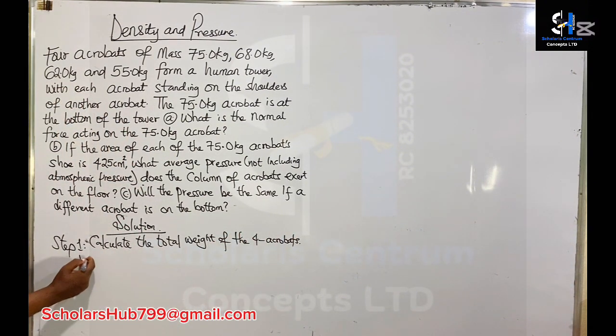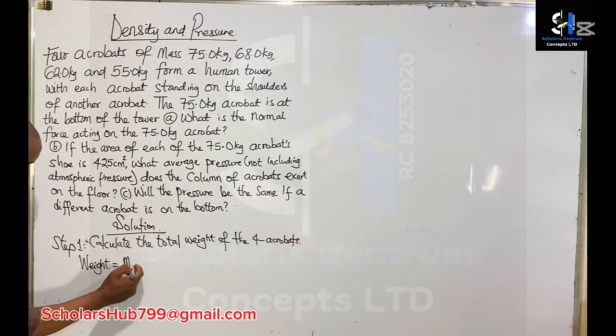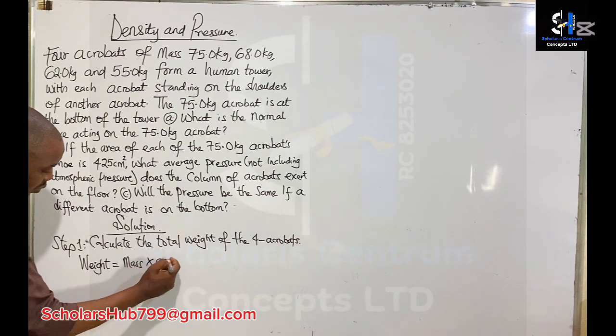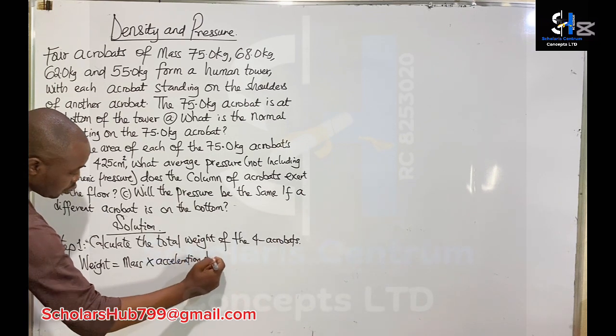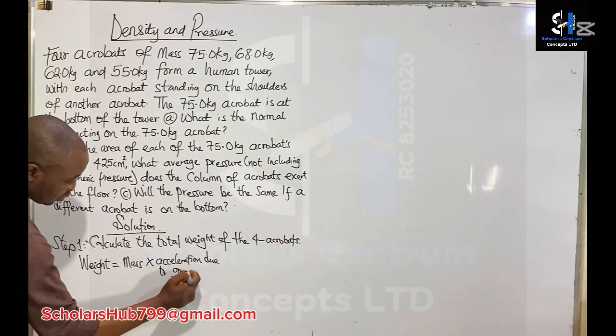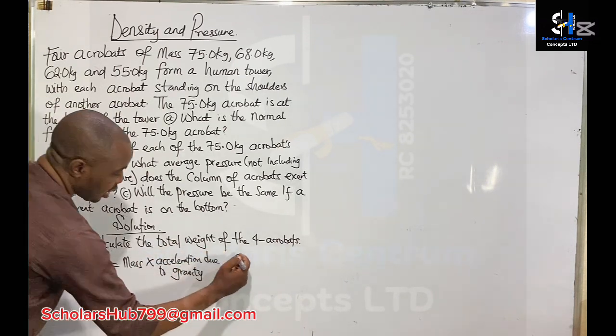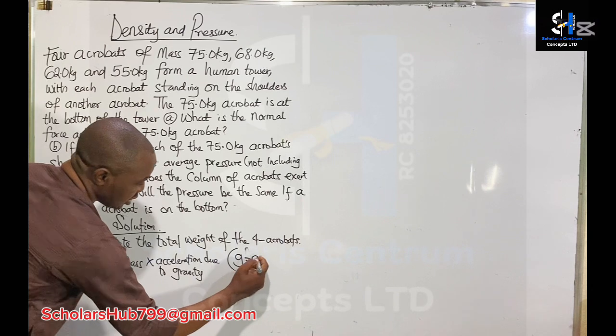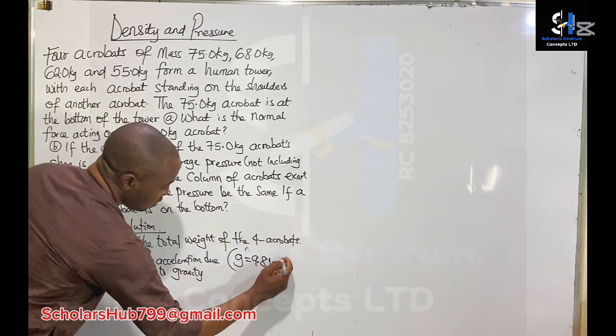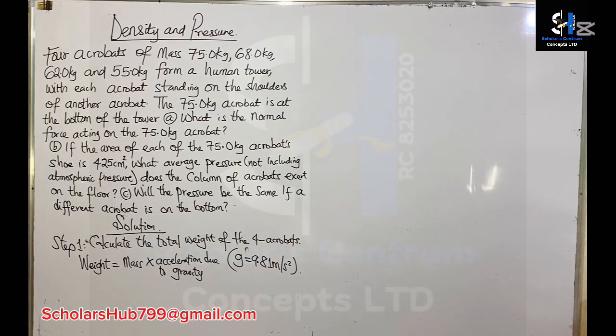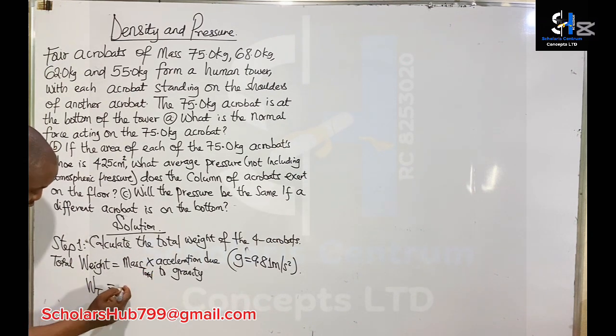We know that weight is equal to mass multiplied by acceleration due to gravity, and the value of acceleration due to gravity is 9.81 meters per second squared. So W represents the total weight, so let's have total weight, WT, equal to the total mass, mt, multiplied by the acceleration due to gravity.